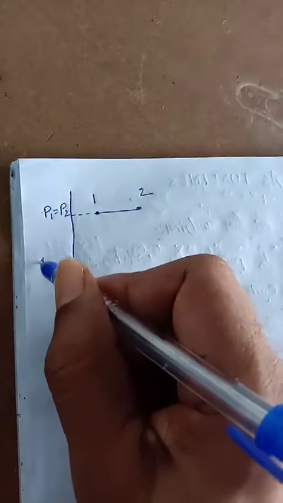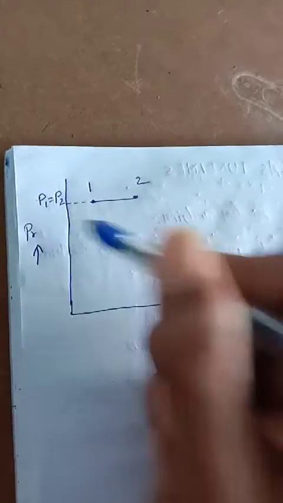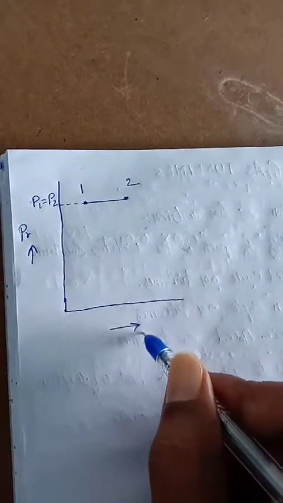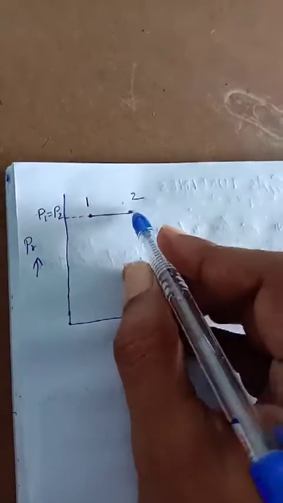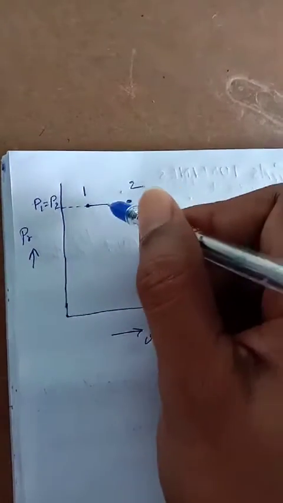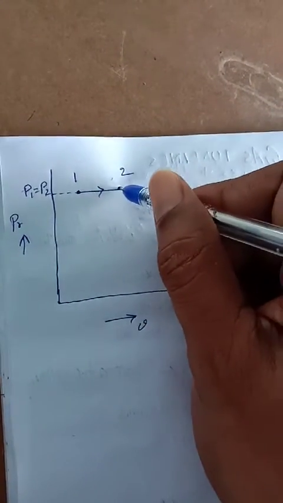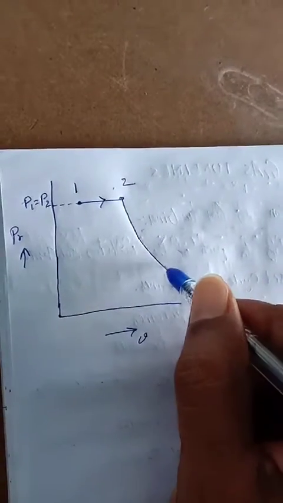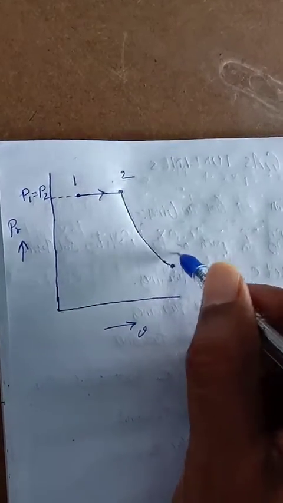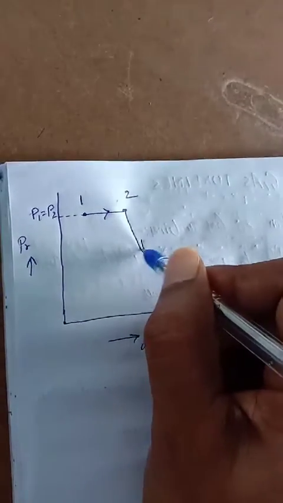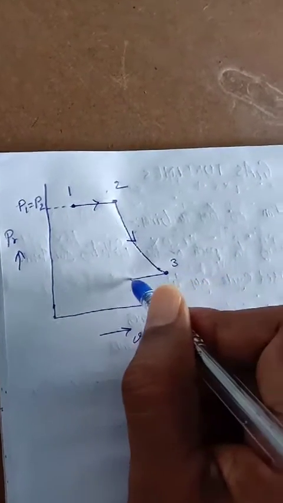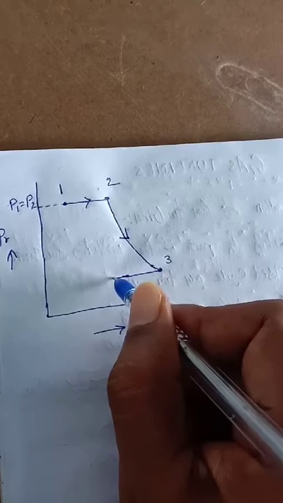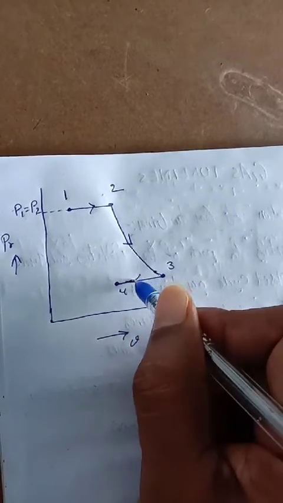Here is pressure and this is volume. 1 to 2 is constant pressure, then we see 2 to 3 like this, and 3 to 4.